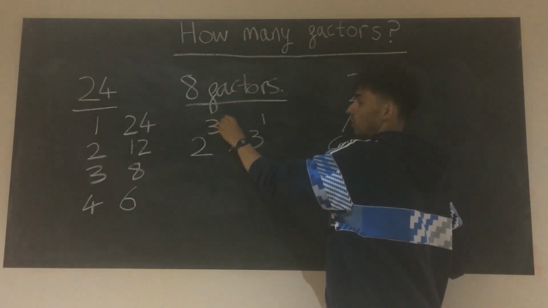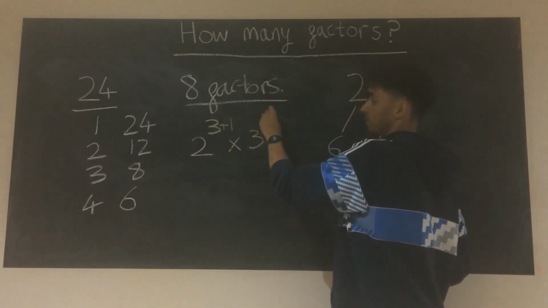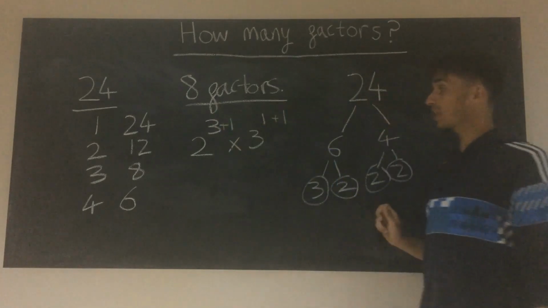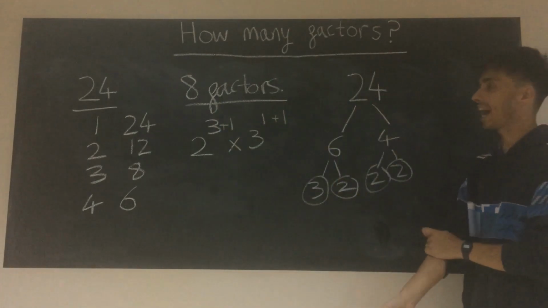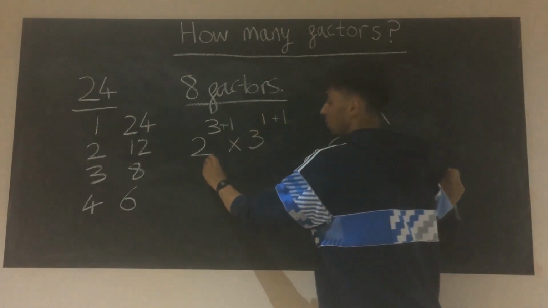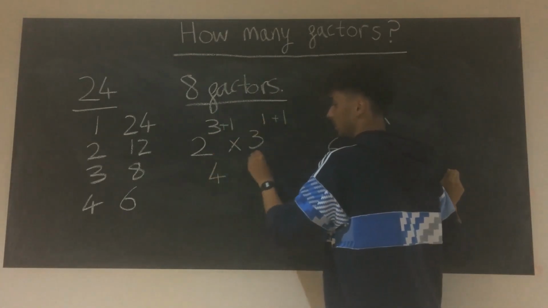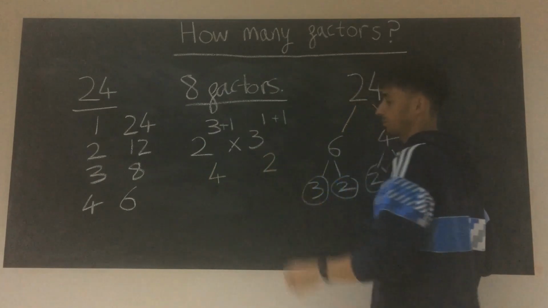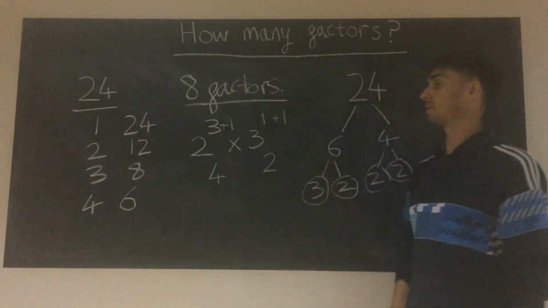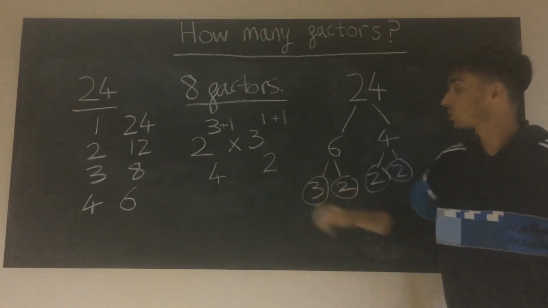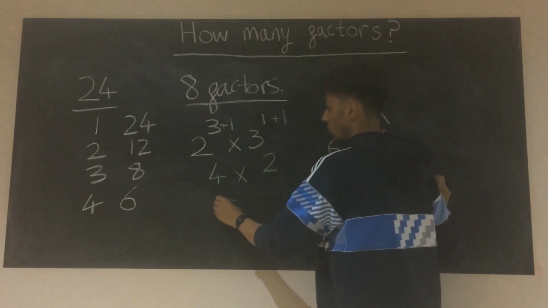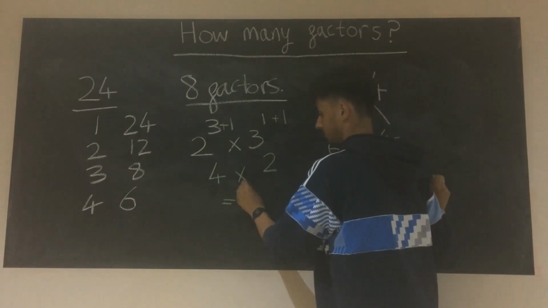You add 1 to each power. So we've got 3 add 1 and then 1 add 1. If we added 1 to each power, then we would have 4 and 2. Now it should be more obvious where this 8 is coming from. We multiply those two numbers together to get our number of factors.